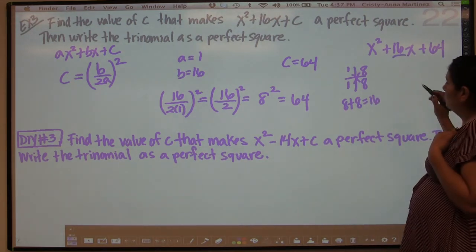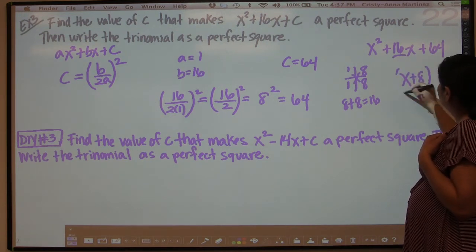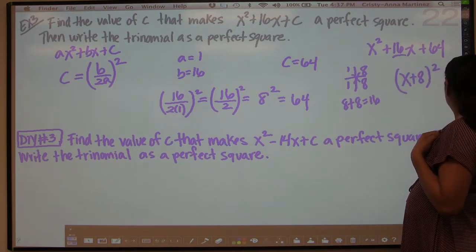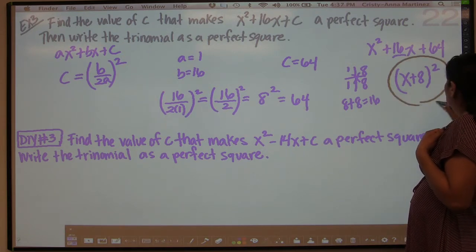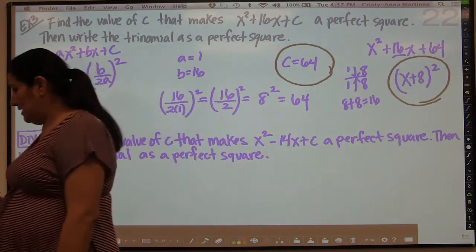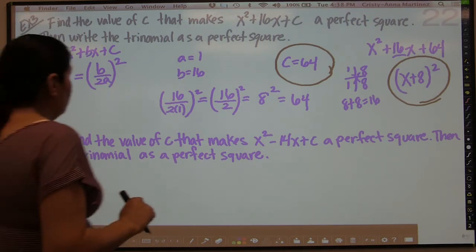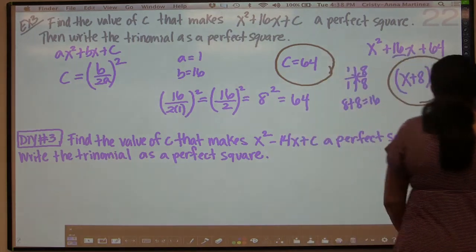So to write it as a perfect square, you're going to go x plus 8 quantity squared, and this would be your final answer, that and the 64, because they didn't want you to find the value of c that would make this a perfect square. So now we want you to do that for do-it-yourself number 3, and then we will move on to the actual process of completing the square.